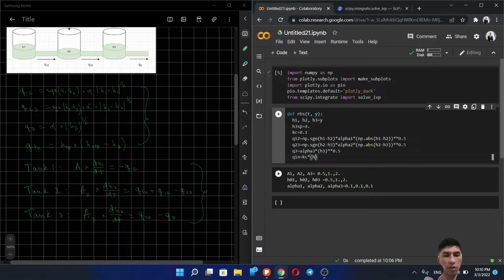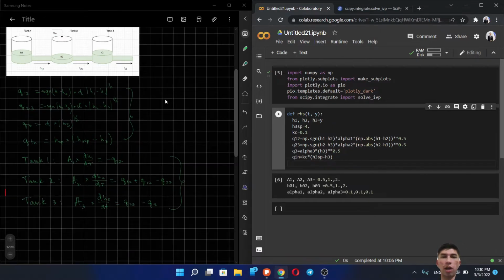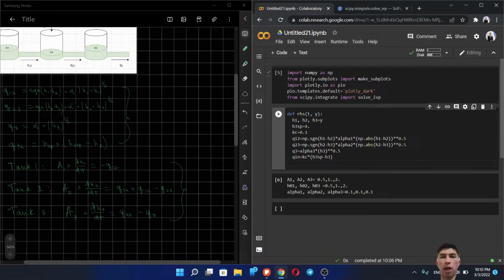So it's going to be H3 SP, set point, minus H3. Now we have all our equations inside of our function. This function now has to return the values for dH over dt. So it's going to return 3 values for 3 tanks.